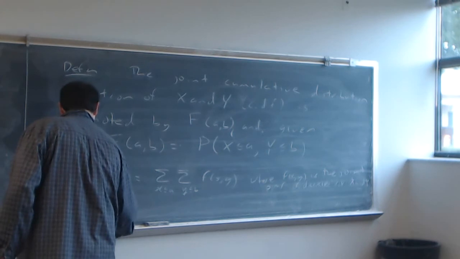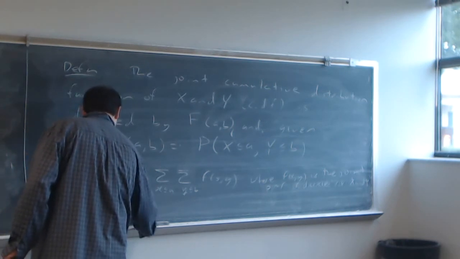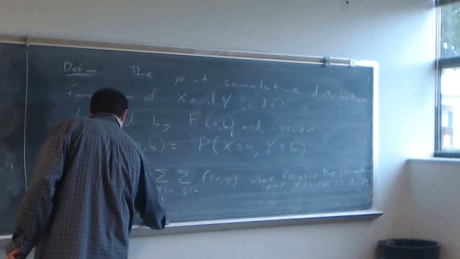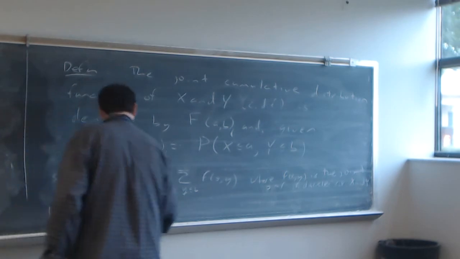And for part 2, F of A comma B is equal to the double integral from minus infinity to B, minus infinity to A, of f of x comma y dx dy. I'm sorry, it's not from minus infinity to infinity.